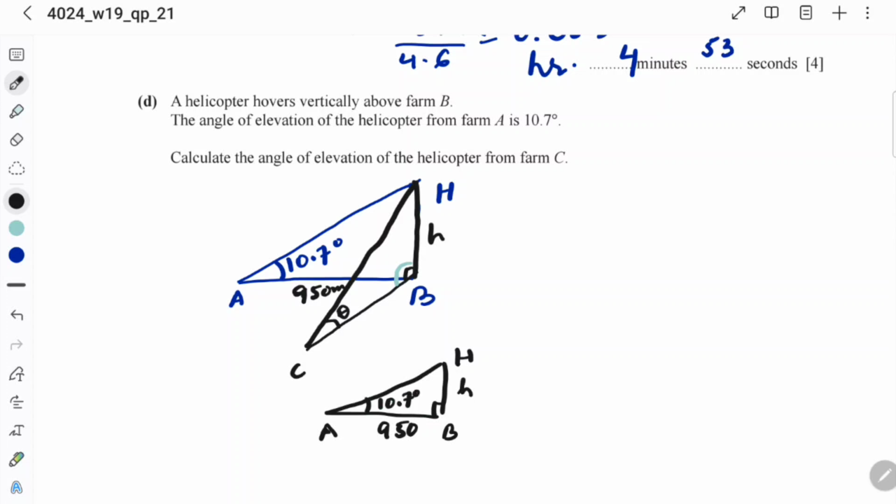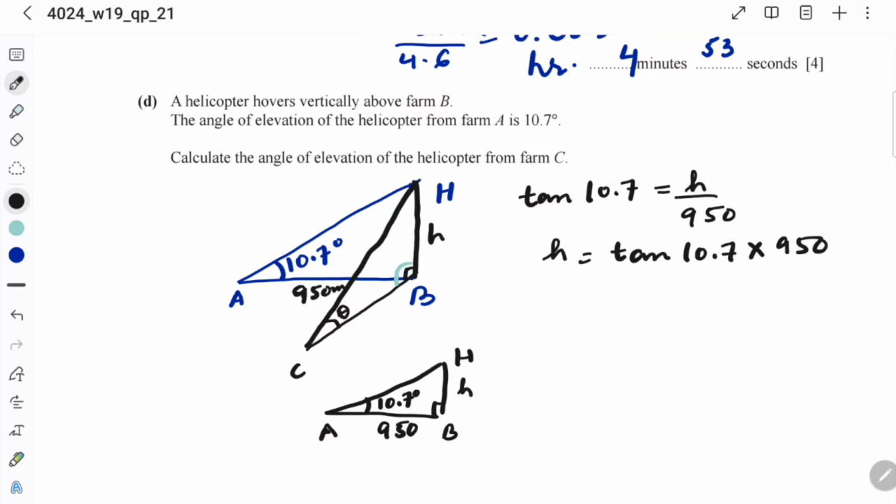I'm just doing it quickly. We obviously will use tan to find out this height. So tan of 10.7, we know that SOH CAH TOA is applicable, and there is no hypotenuse, which means tan is applicable here. So height upon 950, height is equal to tan 10.7 multiplied by 950.